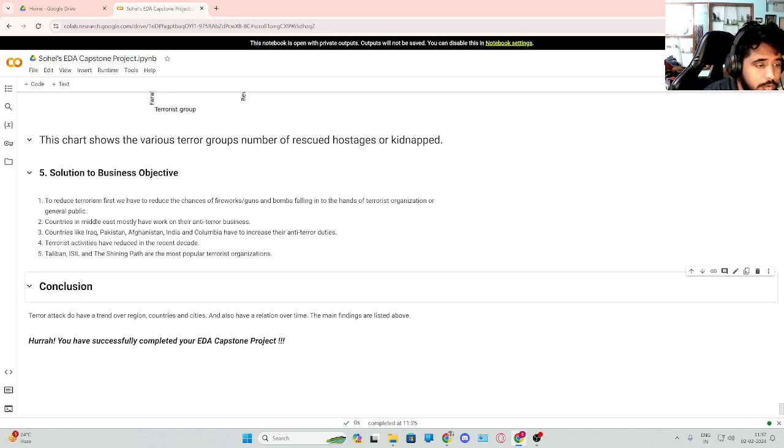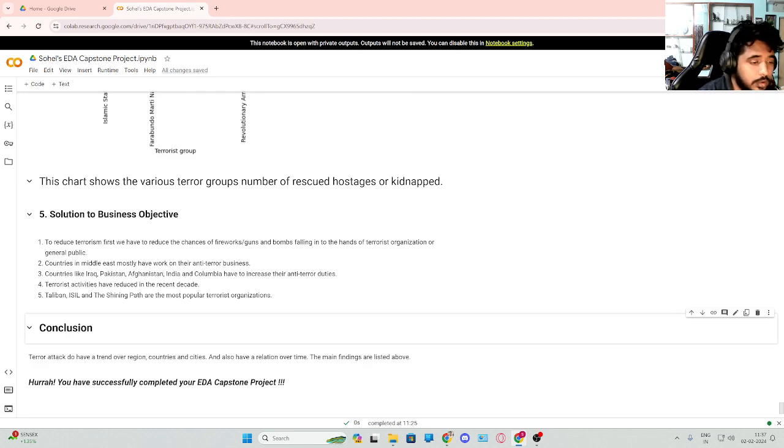Countries in the Middle East mostly have to work on anti-terror measures. Countries like Iraq, Pakistan, India, Afghanistan and Colombia have to increase their anti-terror duties. Terrorist activities have reduced in the recent decade. Taliban, ISIL and Shining Path are the most popular terrorist organizations. So these were the conclusions from the exploratory data analysis I did on global terrorism data.